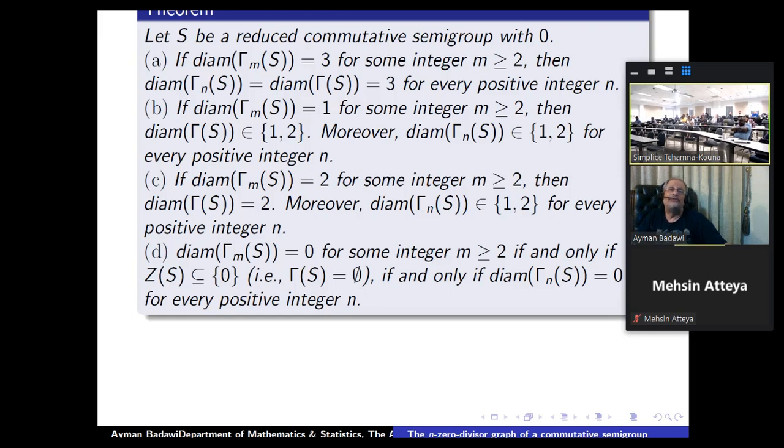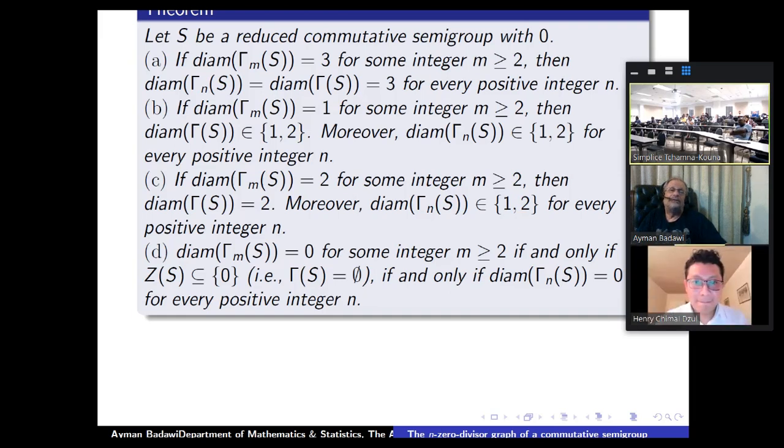But let's look at number 1. Assume the diameter is 1 for some m. Then the diameter of the classical could be 1 or 2. And for every n after m, it will be between 1 and 2.